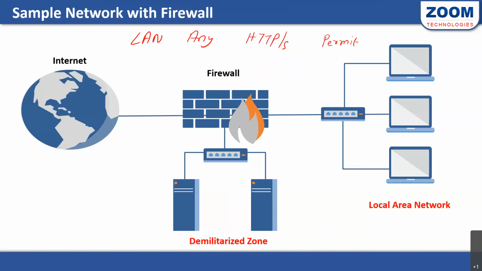Maybe LAN user is accessing Facebook or Twitter or Google, right? Anything that is related to internet access via HTTP or HTTPS protocol, that has to be accepted. So this is how you are going to write a simple security policy, right?